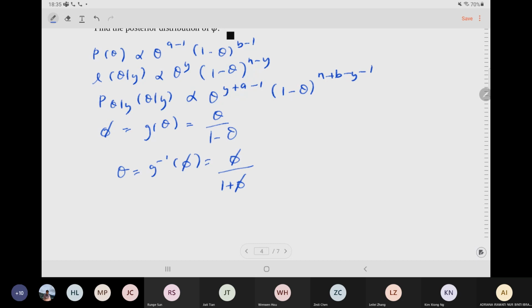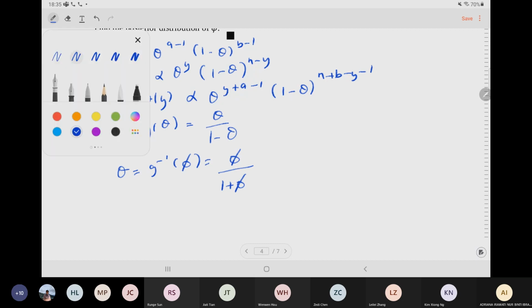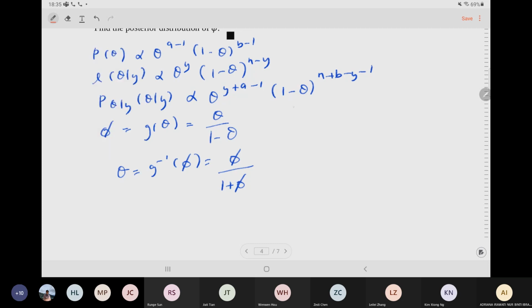Okay, just for illustration, how do we actually get the answer? You have to move your phi. First, you go 1 minus theta, go up. Then you have phi minus theta equals theta.